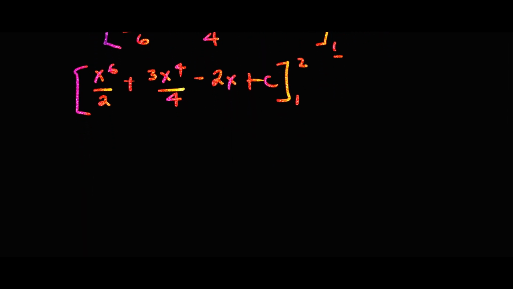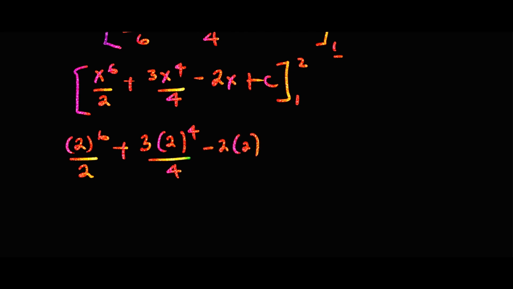So we are going to take x^6, that is now 2^6 over 2 plus 3 into 2, and this time it is to power 4 over 4 minus 2 into 2, then plus c.